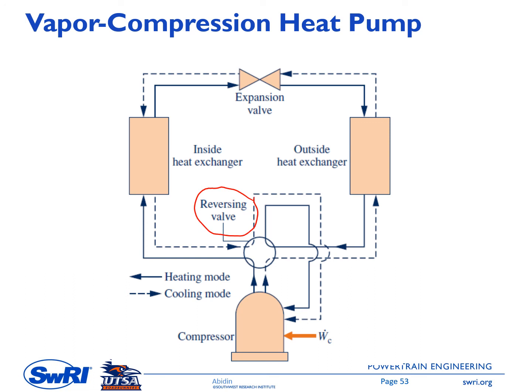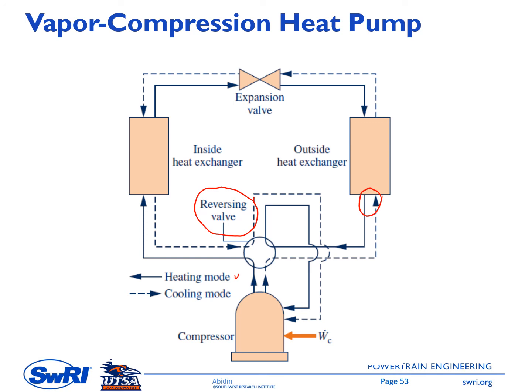Depending on the mode of the system, the working fluid will flow following the solid black line here. This is the heating mode. And then if we switch the valve, the direction of the flow will reverse, and it will follow the dashed black line here, and this is the cooling mode.